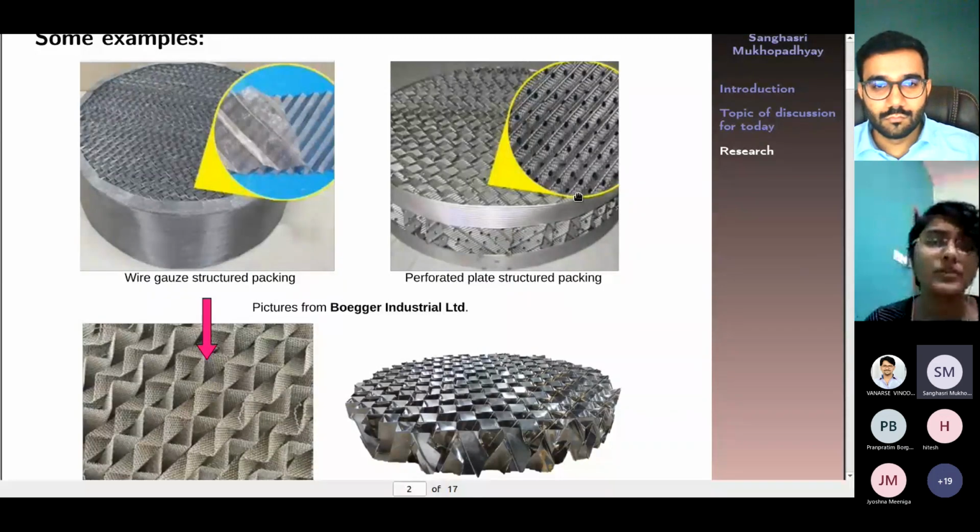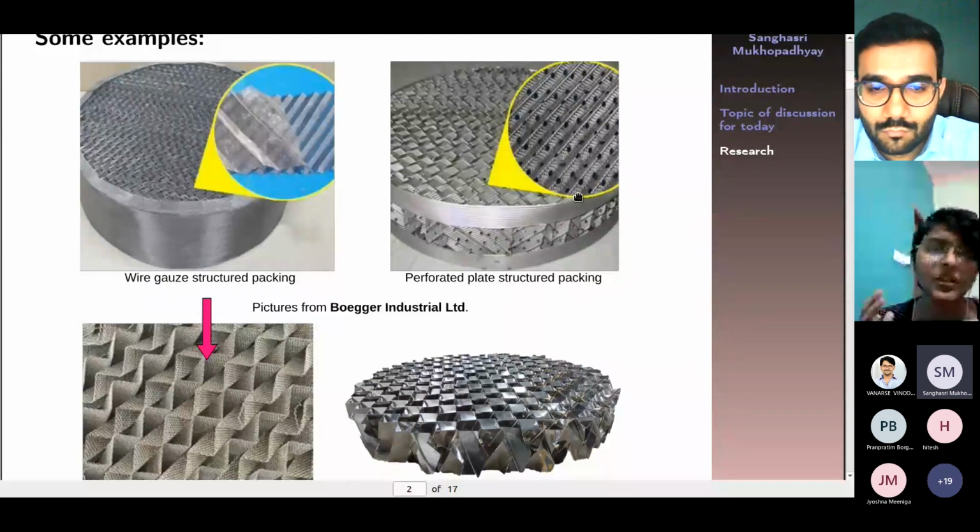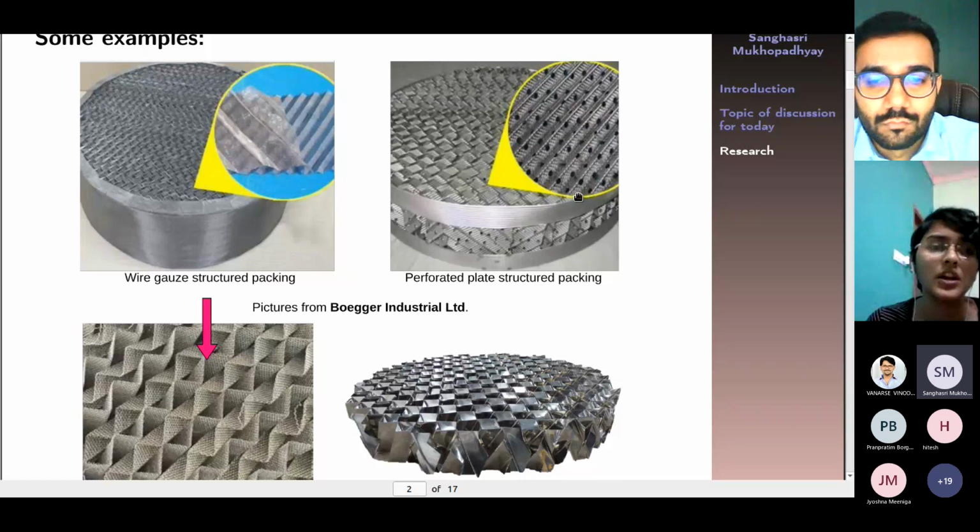There are different kinds of structured packing that are used for different purposes, for example gauze structured packing and perforated packing. Their uses are different. Sometimes they give more exchange of mass, sometimes more exchange of heat. For us, we focused on the gauze structured packing.